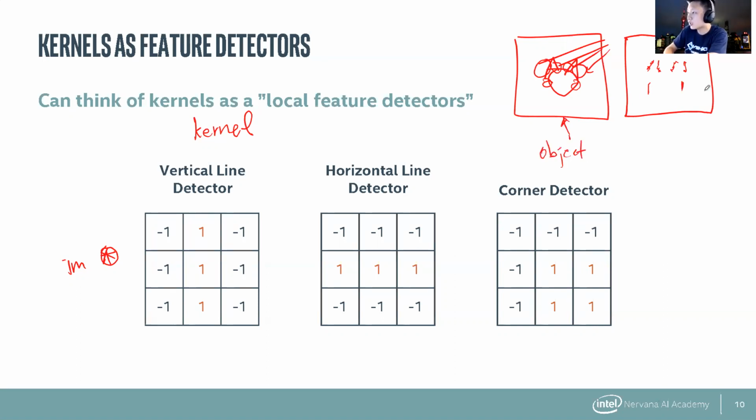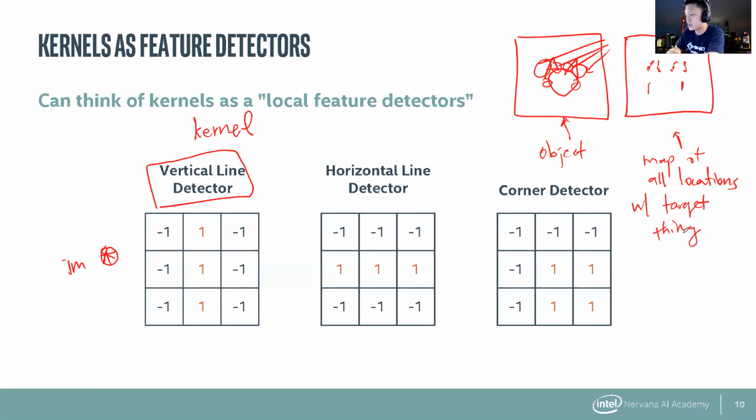But when you actually do the convolution, you remove all of the stuff that you don't care about, and you've selected out whatever you wanted to select out. In this case, we wanted to select out vertical lines. And this is just a map of all locations with the target thing, whatever it is, a target representation.